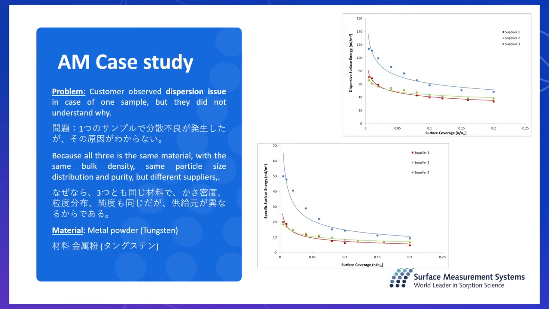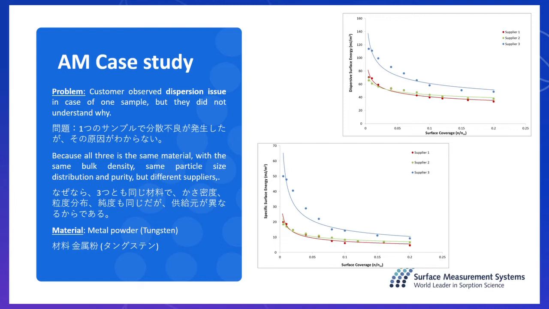The next example for surface energy distribution is from additive manufacturing. The material was tungsten metal powder, and the customer had an issue with one of the supplier powders.